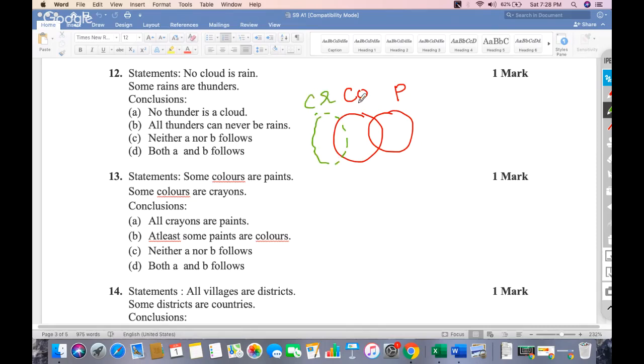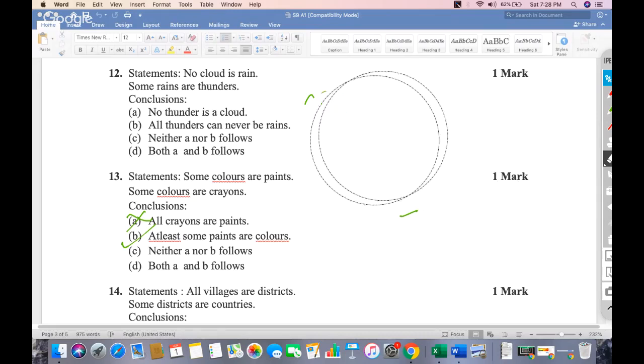So this can be crayon or this can be crayon. So there are two conditions. So out of these two conditions, all crayons are paints, this is absolutely wrong. At least some paints are color, this is correct. So question 13 option is B.